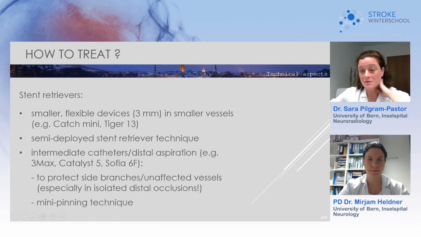With stent retrievers, the technical point is that there are smaller and more flexible devices now, available since 2 or 3 years for smaller vessels. They are designed for smaller vessels. For example, the Catch Mini stent retriever or the Tiger 13 stent retriever, both function really nicely.